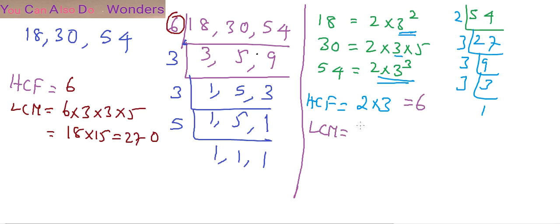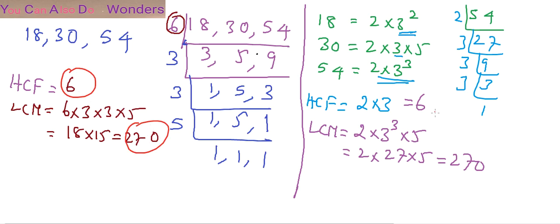For 2, the highest power is 2 power 1, just 2. For 3, the highest power is 3 cube, and into 5. So 2 into 3 into 3 into 3, 27, into 5. 2 into 5, 10, 10 into 27, 270. So HCF is 6 and LCM is 270.